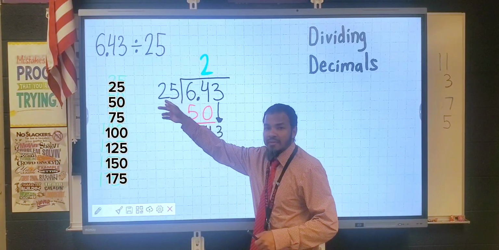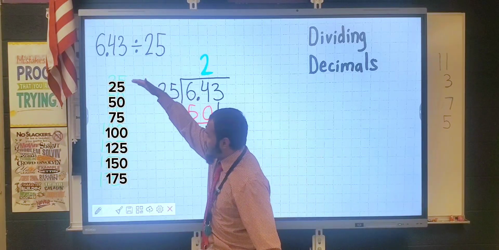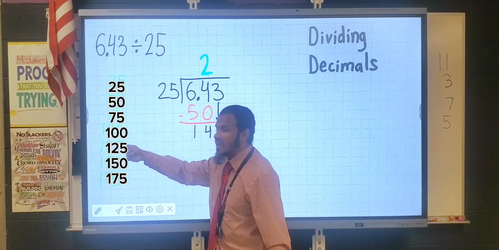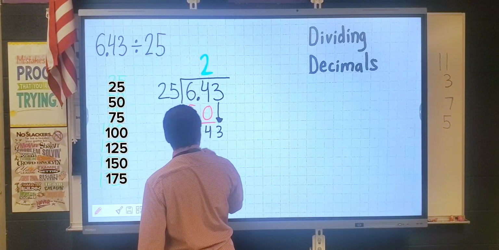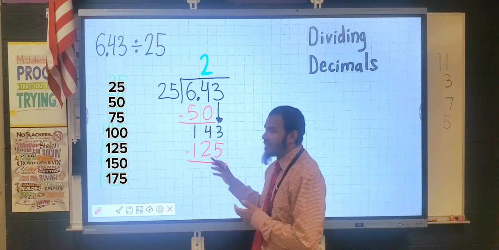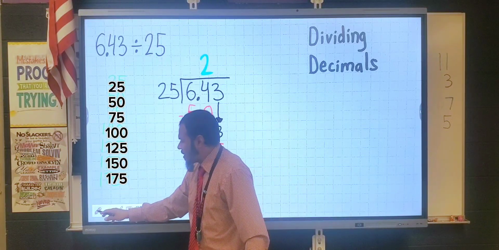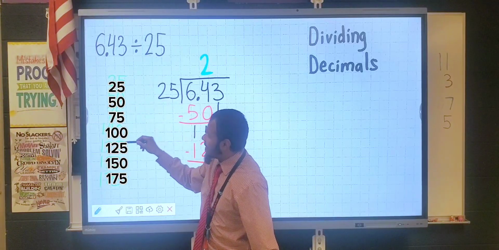And so I count by 25, and I try to get to 143 without going over. From my list, you can see it'll be 125. So I'll put 125, but the question now becomes, how did I go from 25 to 125? What you could always do is count 1, 2, 3, 4, 5.